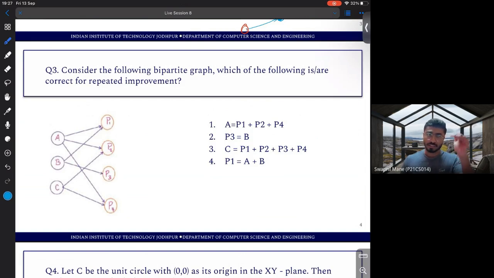So these are the users A, B, C, right? These are your friends, and A, B, C are recommending some places: P1, P2, P4, and your friend B is referring to the P1 place and P3 place, likewise.